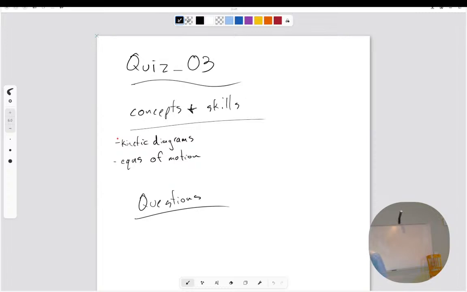Anything else? Frames? What do you mean by frames? Which kind?